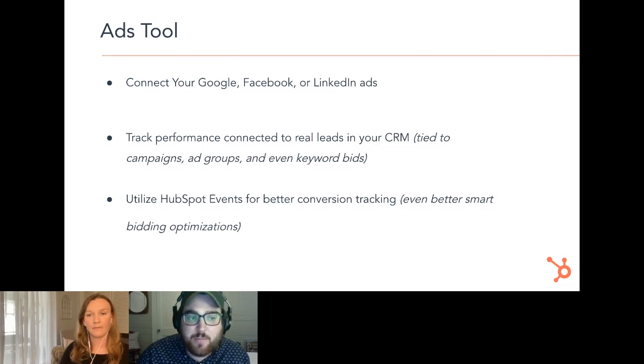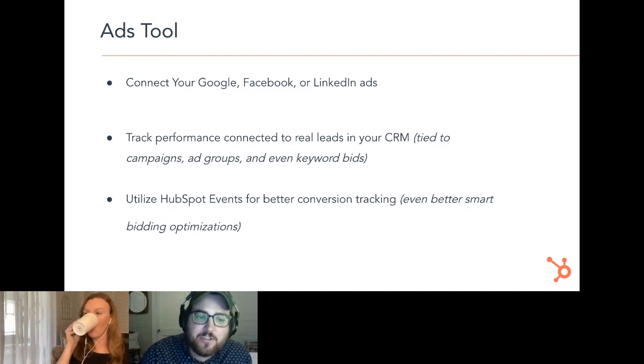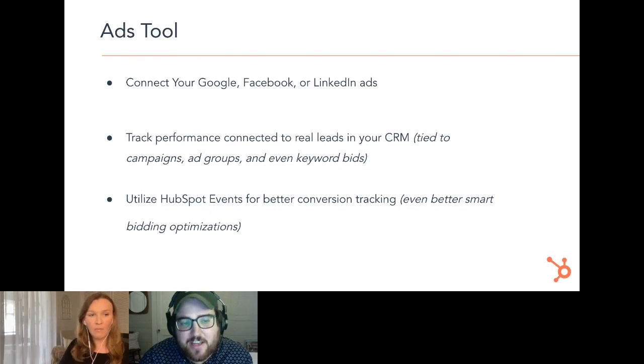Typically, when you set up ads accounts, you set up conversion events through analytics or through Google Ads, and you can really only track when someone hits a landing page or someone picks up the phone and calls. But with HubSpot, you can now track those events to actual people and see not only when they become a lead and on the attribution side, but you can also tie that down to their journey, right?